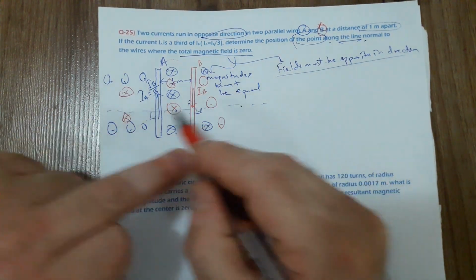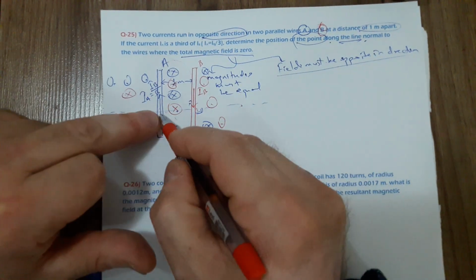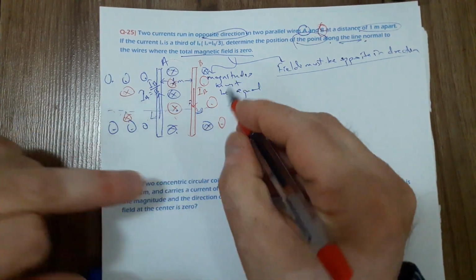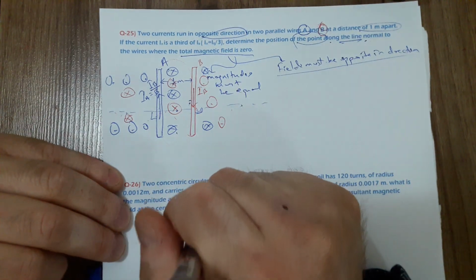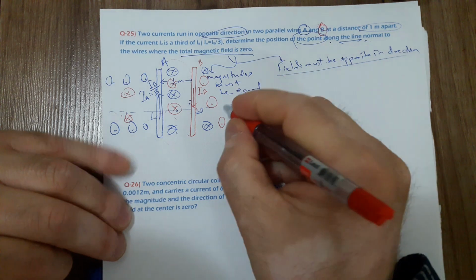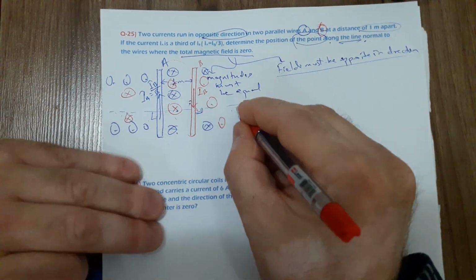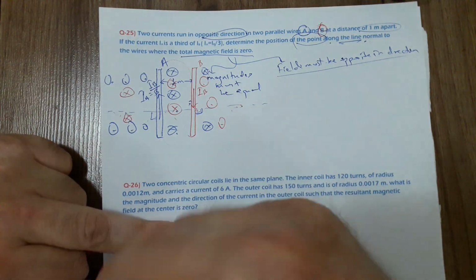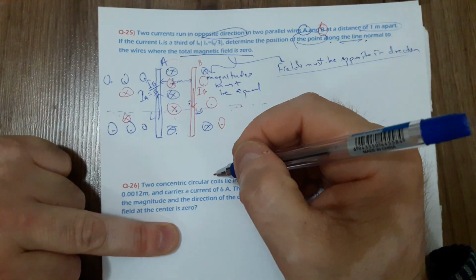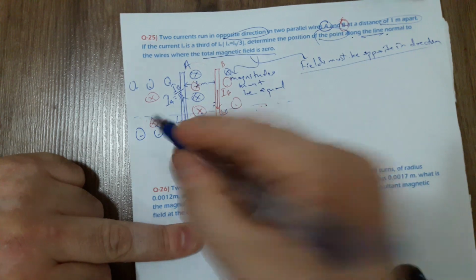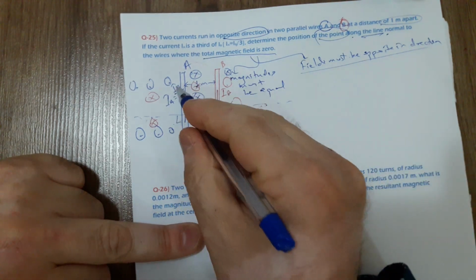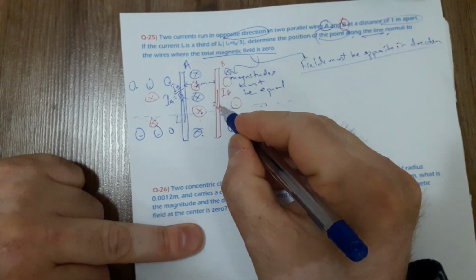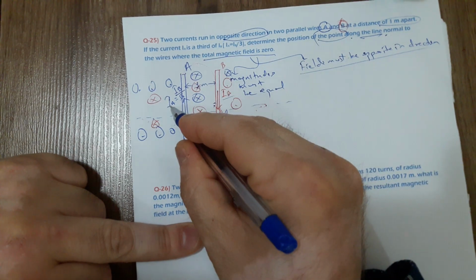Beyond wire B or beyond wire A, somewhere here or here, the net magnetic field must be 0. Where? Beyond B or beyond A. So always we should choose a point which is closer to the smaller current. Which one is the smaller current, B or A? A is smaller because IA is IB over 3. Say IB is 3, IA is 1.